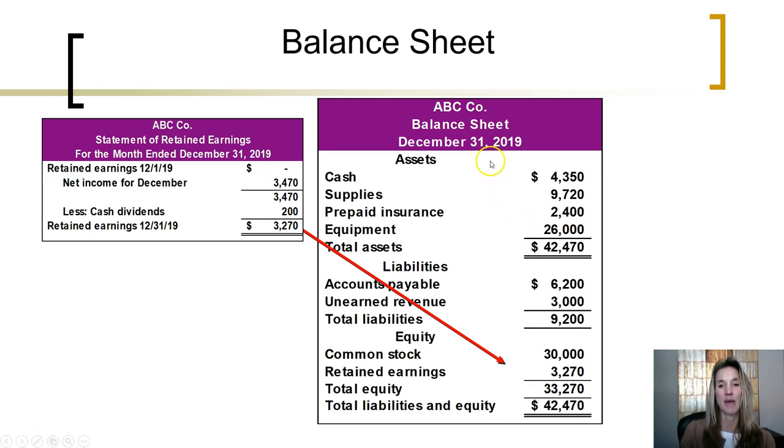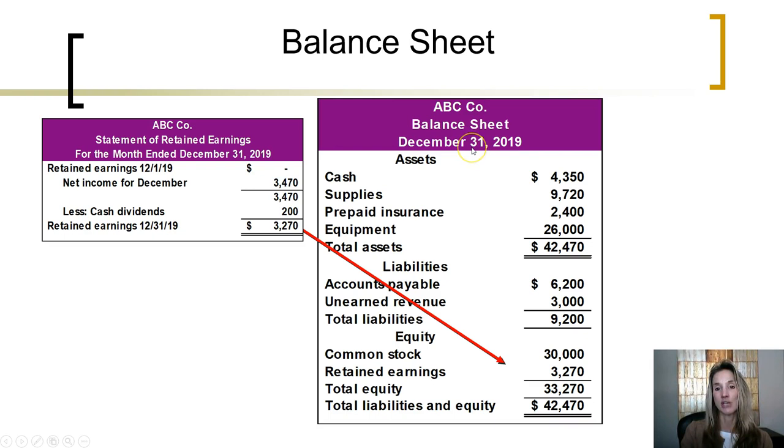Look at the heading on the balance sheet. First line, company name. Second line, which report it is. This is the balance sheet. Third line, notice the date of the balance sheet. This is reporting the financial position of the company on one day in time. The income statement and the statement of retained earnings were showing the change or the impact summary of transactions over a period of time, over the entire accounting period.